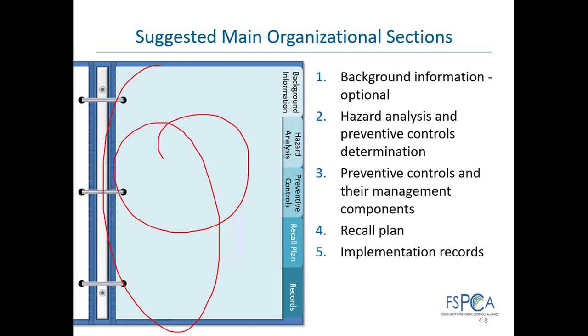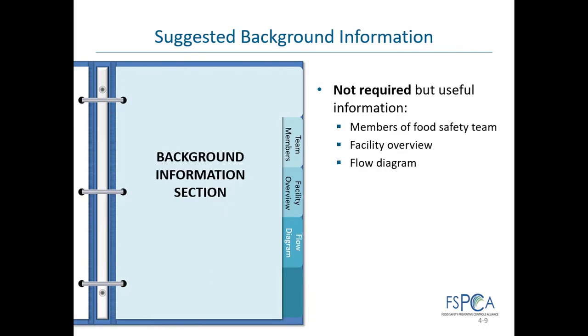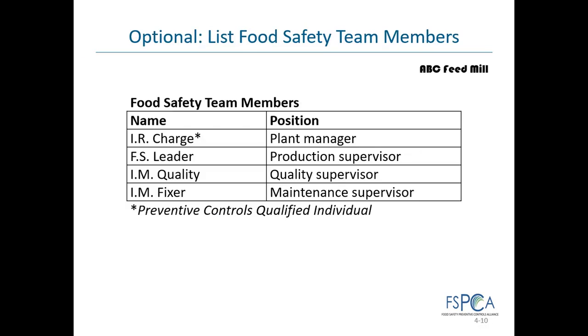Okay, but this is our 3-ring binder that we're going to use as an example, and each of these tabs is going to be one of those bullet points that I just went over. So we're going to start at the optional information of giving some background of your facility. Again, this is not required, but I think it does a really nice job of facilitating communication. So this is actually the first part of the example food safety plan that we've looked at. This is ABC Feed Mill.